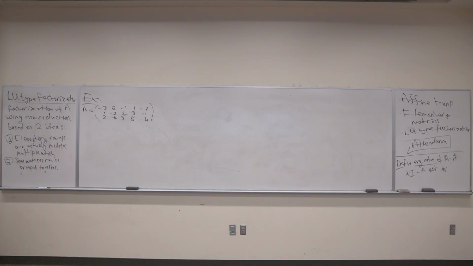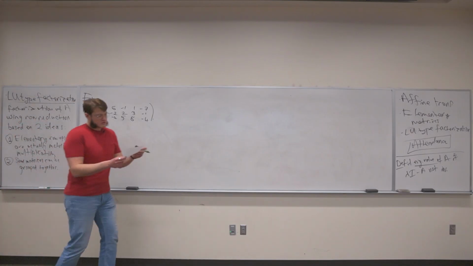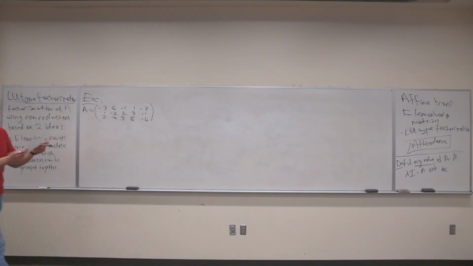So I want to turn it into, well, probably we're not going to be able to fully reduce it, but at the very least, row reduce this. I did some calculations here, and I want to keep them.